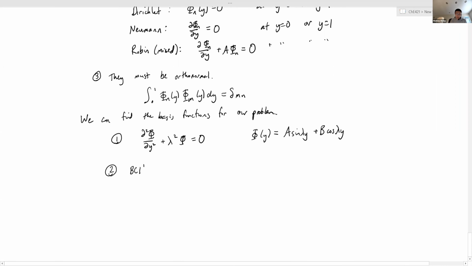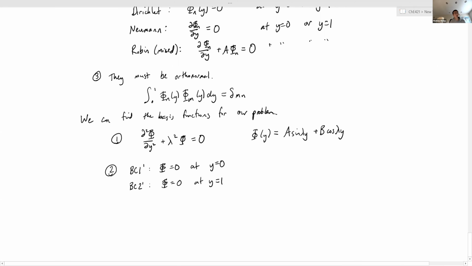I'll call them BC1 prime, that phi is equal to 0 at y equals 0, and BC2 prime, which is that phi is equal to 0 at y equals 1. Again, same type as what we had.